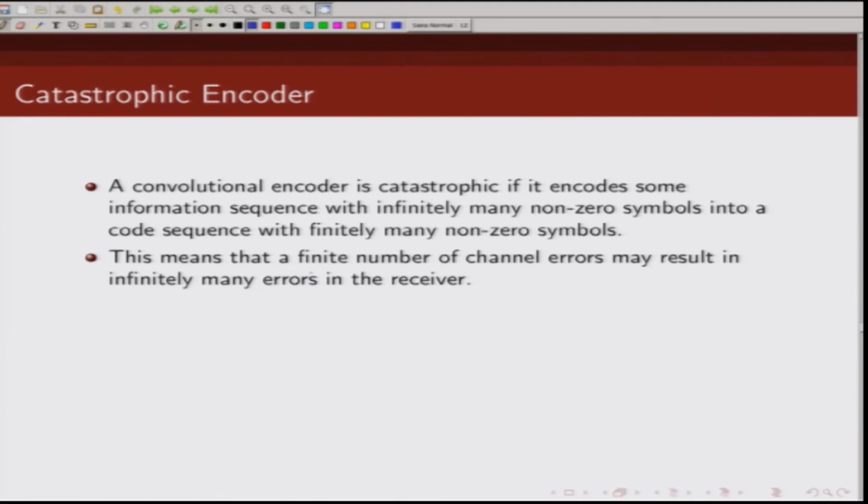It is a catastrophic encoder because a finite number of channel errors can result in an infinite number of input errors. You have your information sequence which has a large number of ones, possibly infinite.